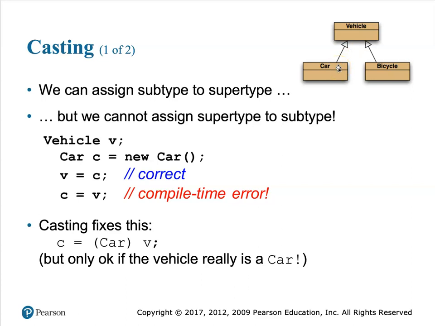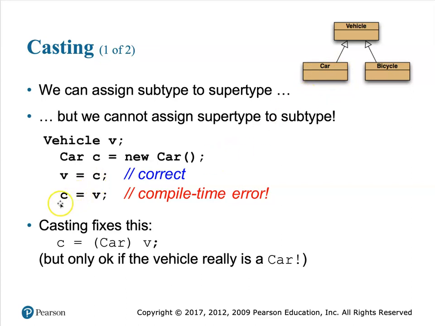Now, there might be times where we even need to do this. If I put a car object into a vehicle variable, and I know that that object is in fact a car, even though it's being held in vehicle, how do I get that to come back down to get access to the pieces that are specific to car?